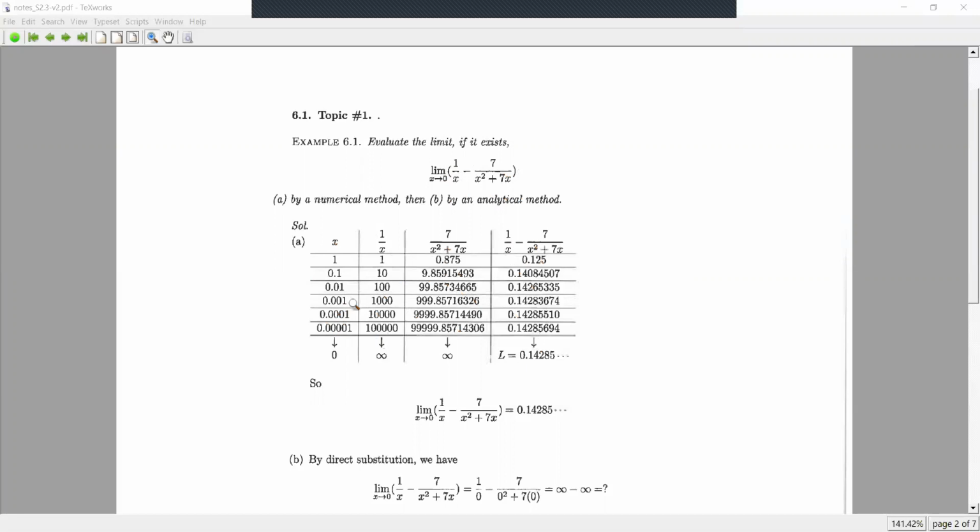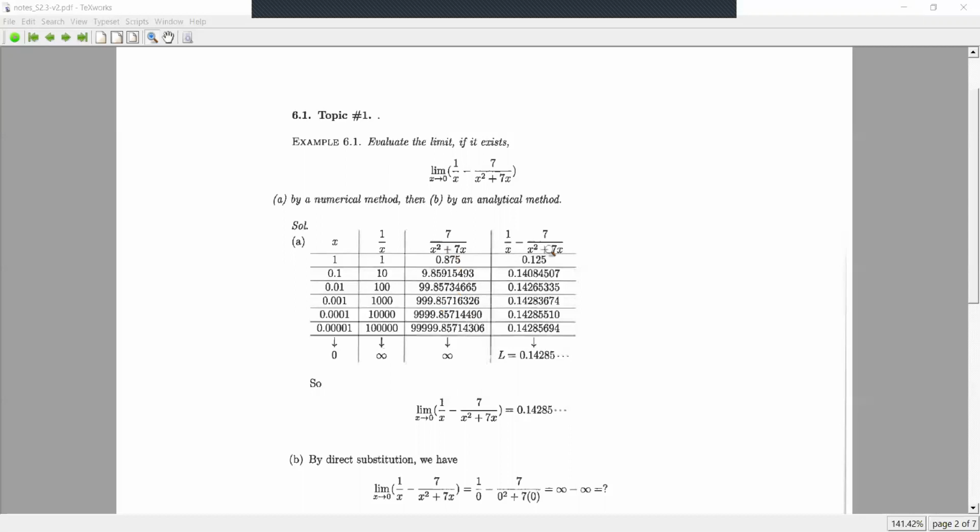By a calculator, I evaluate the values of the first term, second term, and the whole function on these values. Now, from this table, we can see that as x approaches 0, the first term of the function approaches infinity. The second term also approaches infinity.